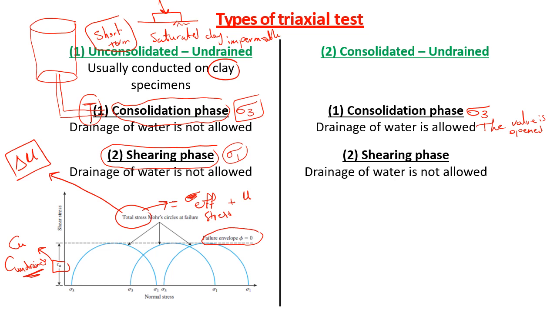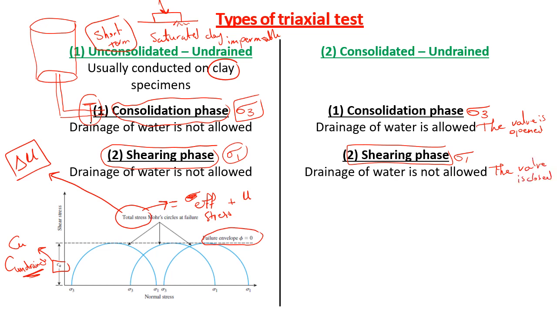However, in the second phase, which is the shearing phase, in which you apply an additional axial load up to failure, up to the value of sigma 1, the drainage of water is not allowed because you have closed the valve. So in this phase the valve is closed.